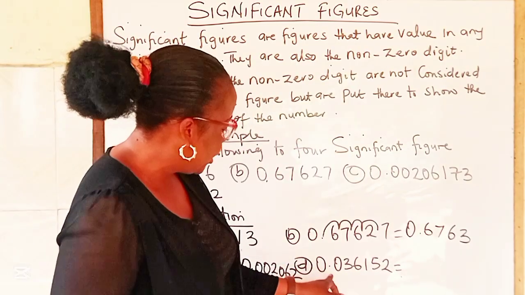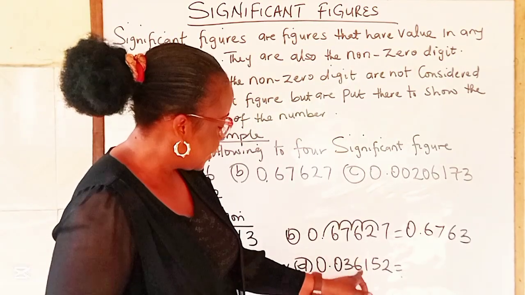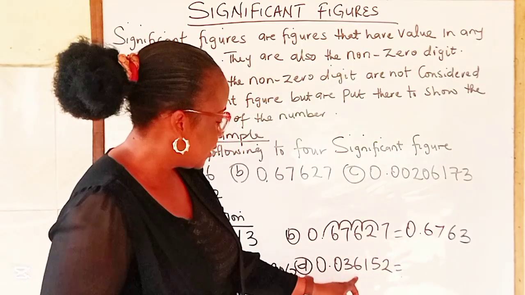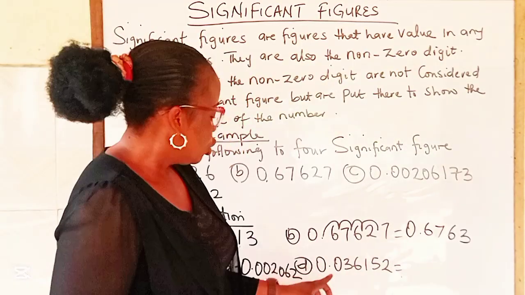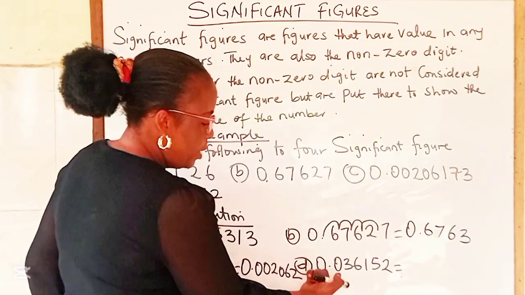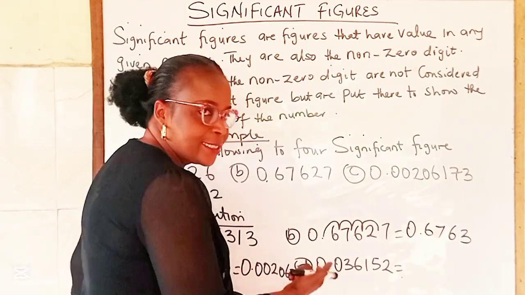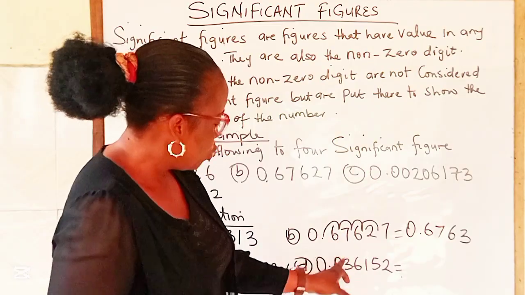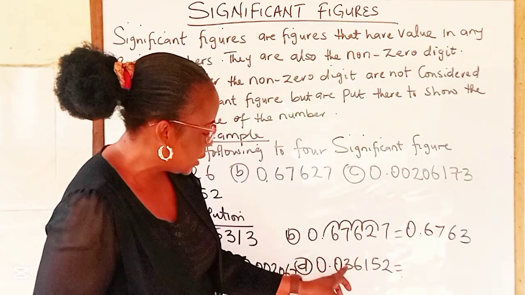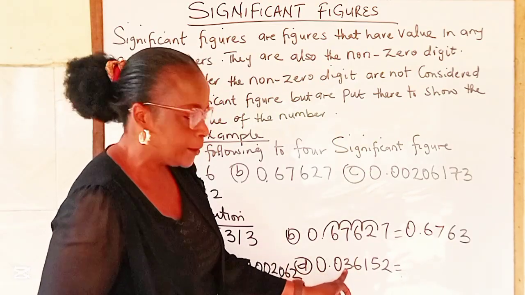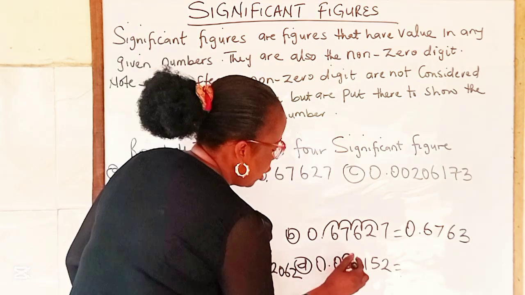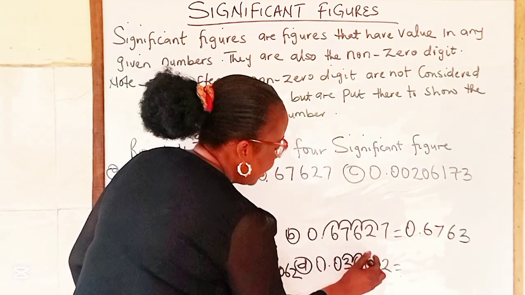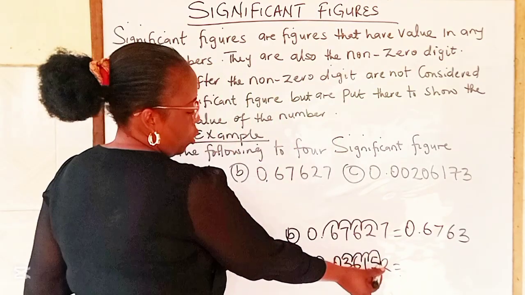So look at the last number we have here: 0.036152. When we look at this number, remember I told you the first zero is not considered significant. So we are not starting from this zero. We start counting from here, 3, the real number: 1, 2, 3, and 4.